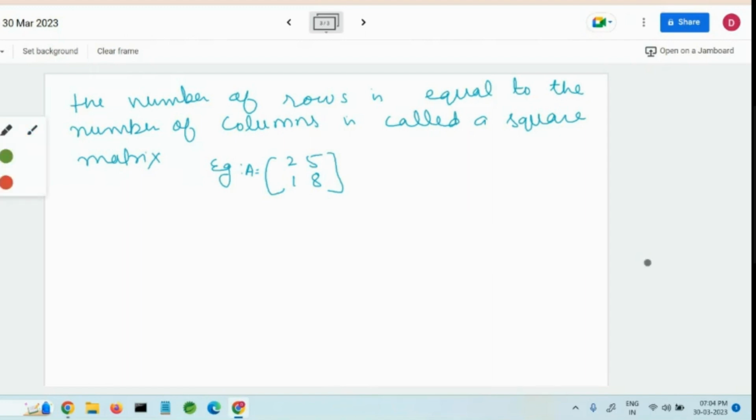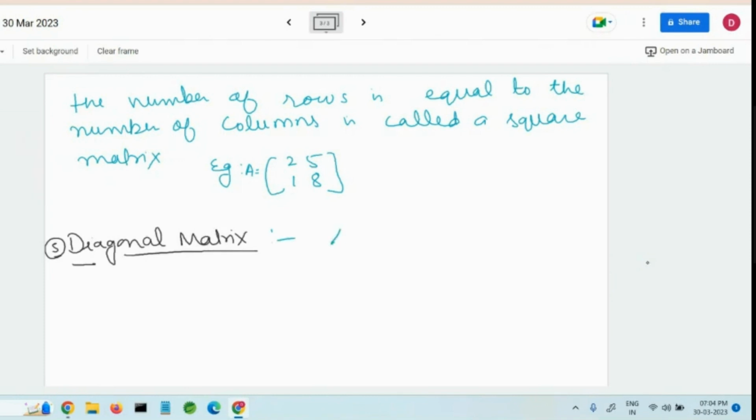Now come to the diagonal matrix. The next type of matrix is the diagonal matrix. This is the fifth type of matrices. In a diagonal matrix, all the non-diagonal elements are zero. These definitions can be asked in 1 or 2 marks.